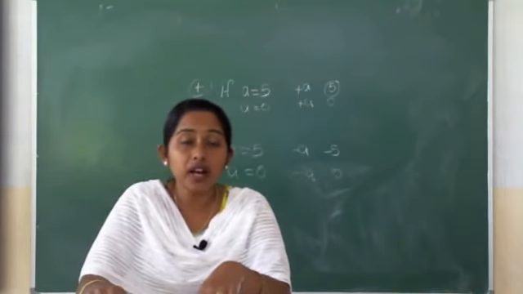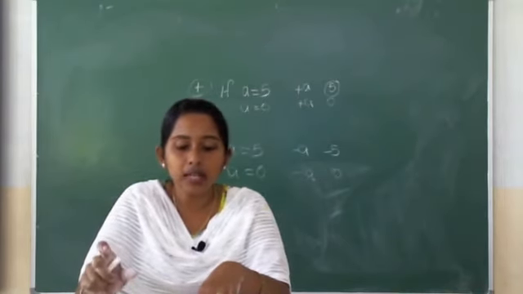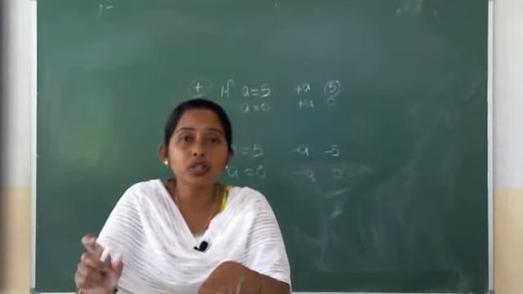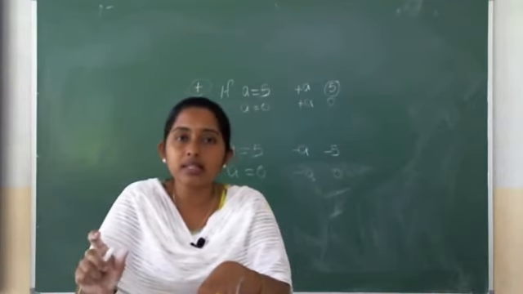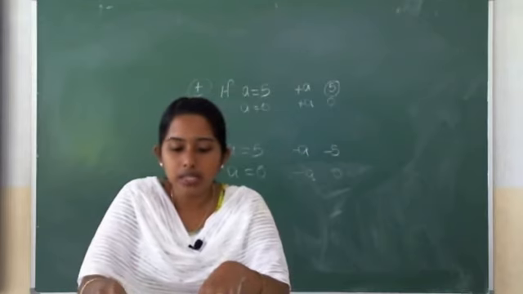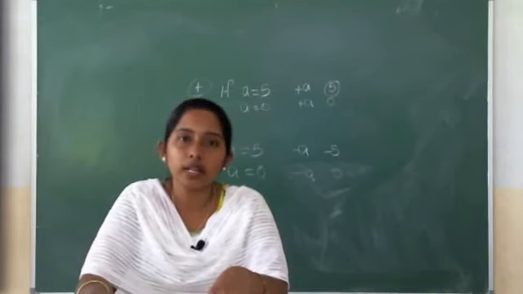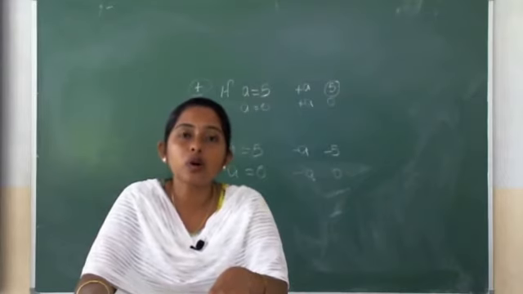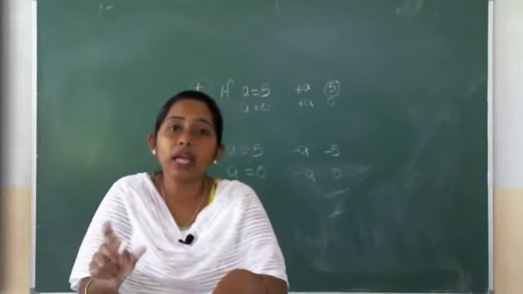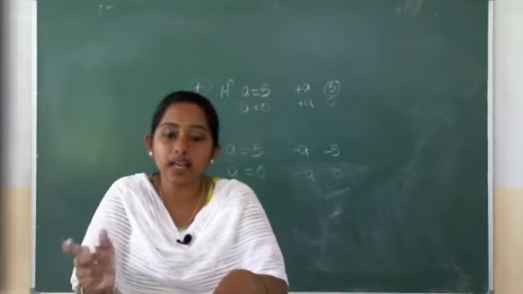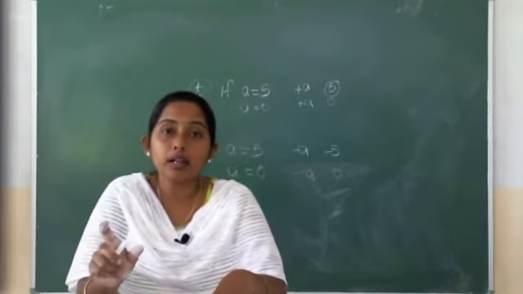Division: after dividing, you have to keep that particular answer as the quotient. That is the result, the quotient. Then the last one is the modulus operator, that I already told you. Modulus operator means the remainder becomes the answer. The final result will be that remainder.